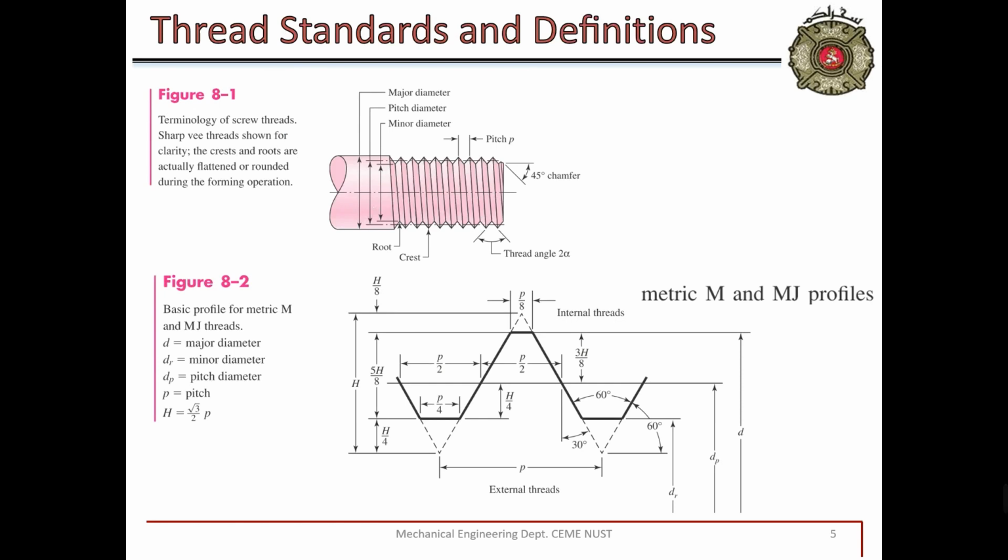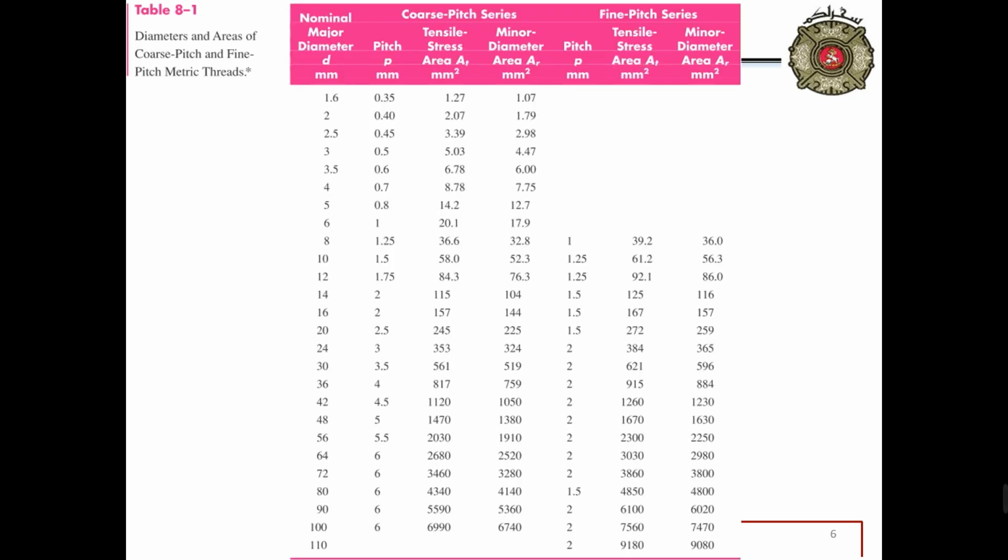Then we studied thread standards and different types of values in Table 8.1. In Table 8.1, they have given us different nominal diameters of the power screw or pitch diameter. With reference to each diameter, they have given us the pitch for the coarse series and the fine series.